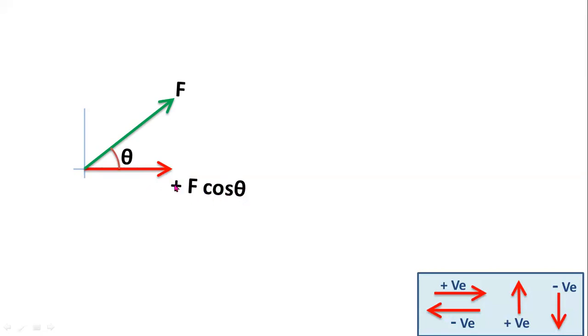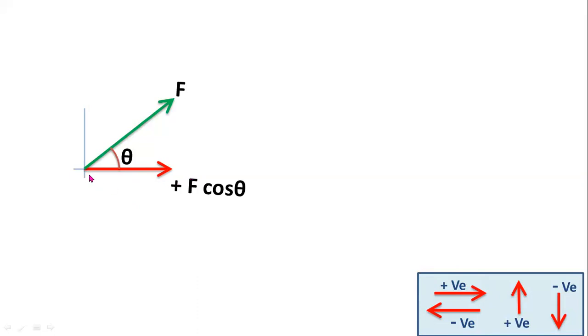Here the positive sign is for horizontal force towards right. If a force is acting along the x-axis in right side direction, then you have to consider positive sign. If your force is lying on x-axis and towards left, then you have to consider negative sign. Now this is the answer for horizontal force.